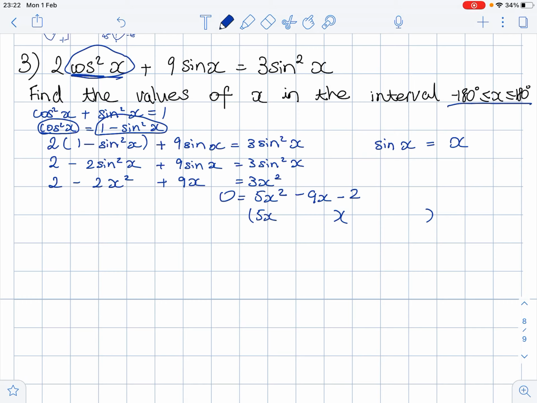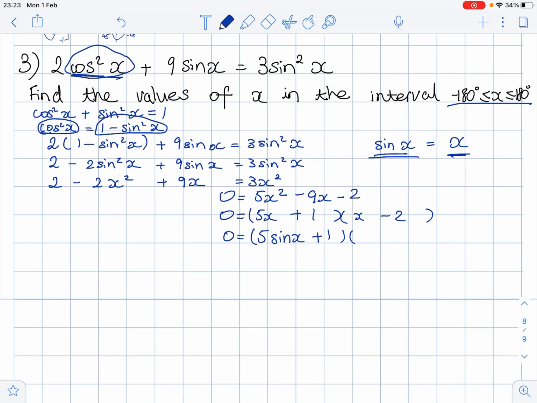Then I can factorize into 5x plus 1 and x minus 2 equals 0. So I have just factorized my equation. Now I can substitute back my x values. So x is the same as sin x.